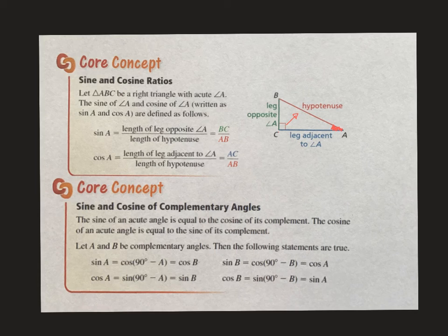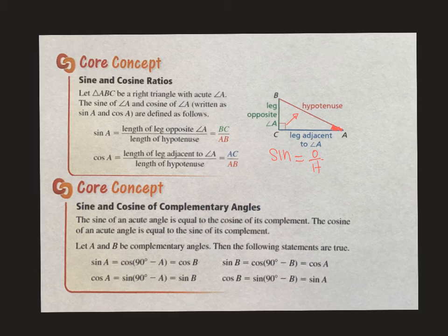So sine is the length of the opposite side over the length of the hypotenuse. I prefer to write it sine equals O over H, for opposite over hypotenuse. Sine is abbreviated SIN, but we aren't going to pronounce it sin because it's not sin. That's just how it's abbreviated.